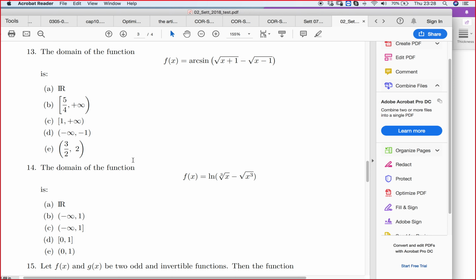But by the way, we are not going to solve it here, but next time we will concentrate on finding the domain of this function.